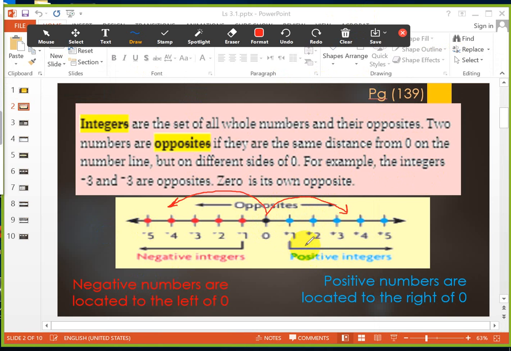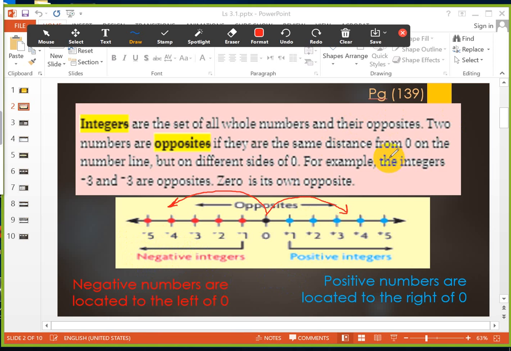We will know the sign of the number. If the number is to the right of the zero, this whole number is positive. If the number is on the left side of the zero, this integer is a negative integer. That means a minus. Okay?